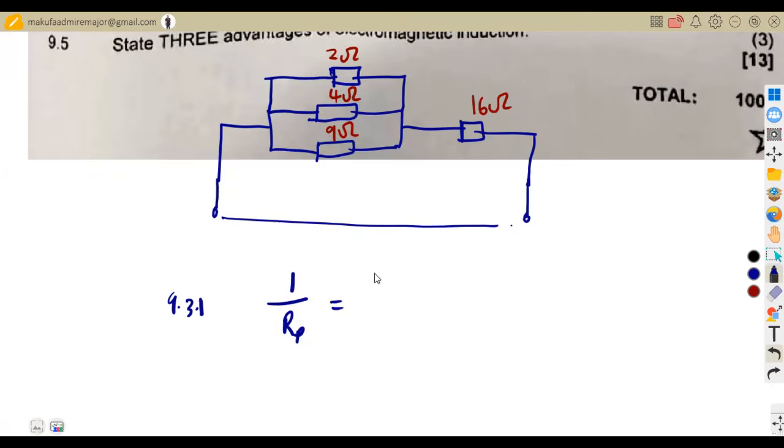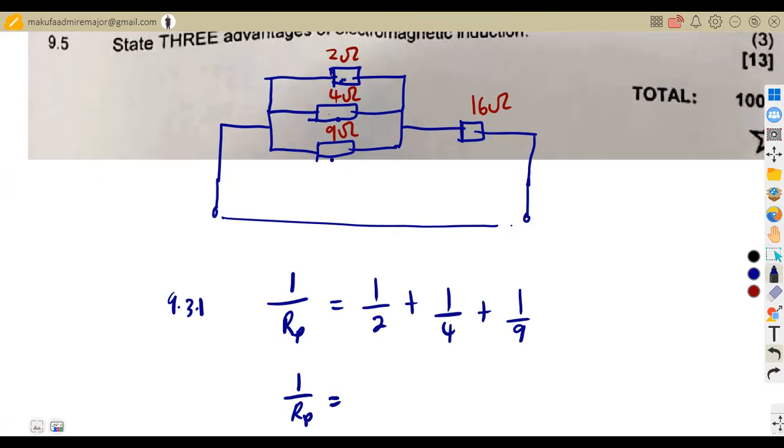1 over Rp is equal to 1 over R1 plus 1 over R2 plus 1 over R3. So it's 1 over 2, plus 1 over 4, plus 1 over 9 in this case. Here we are supposed to use our calculator properly.